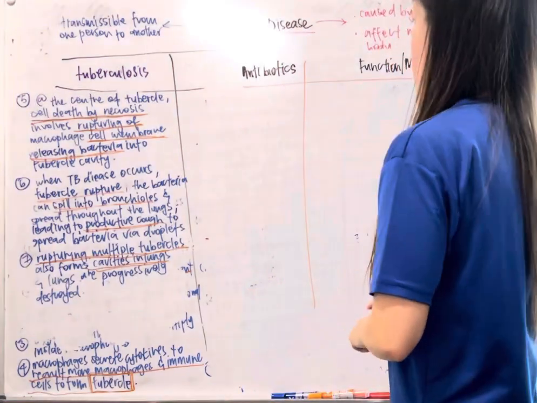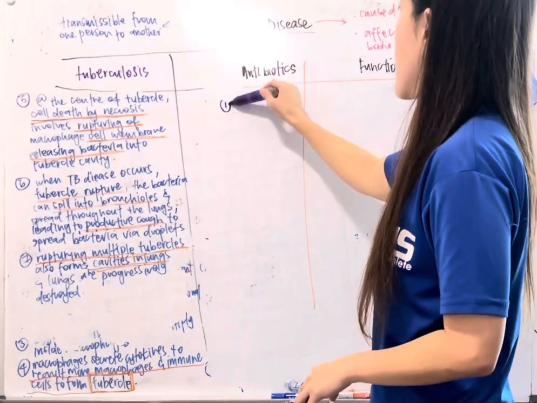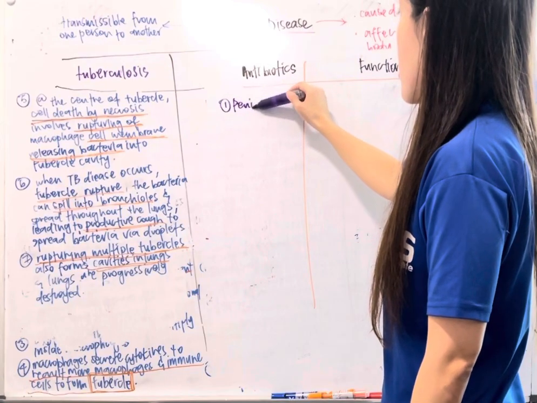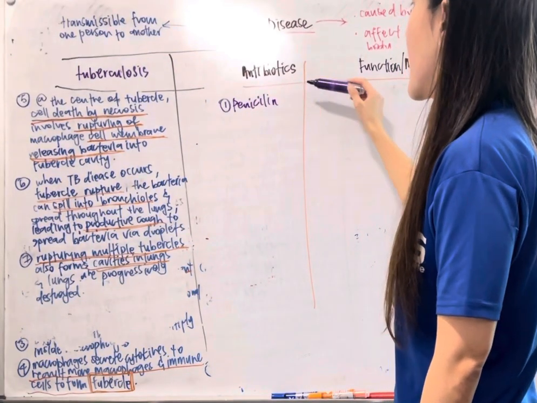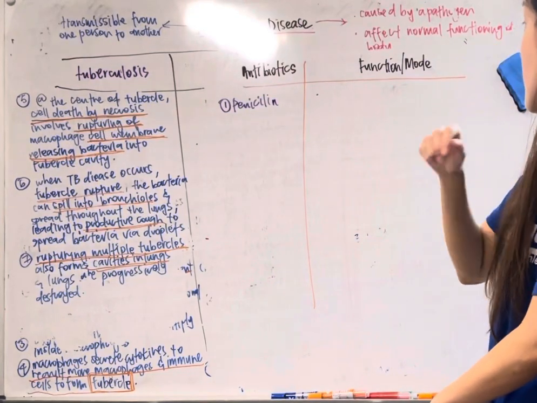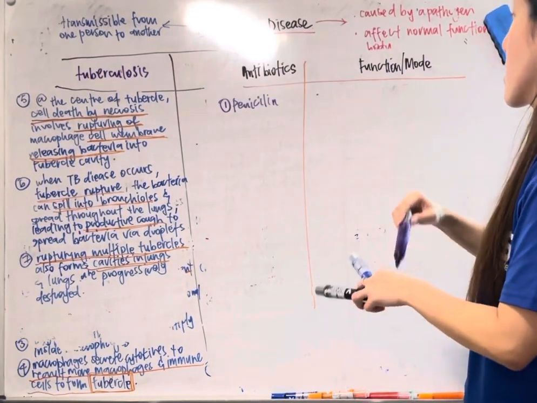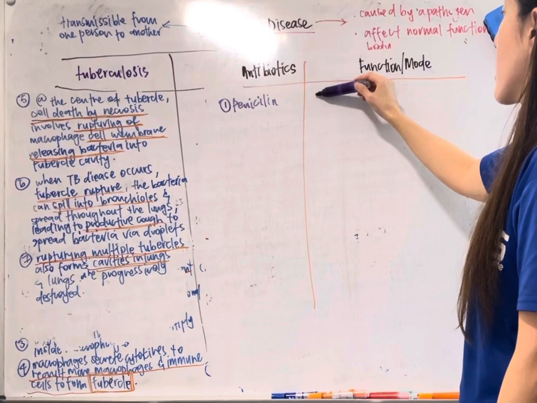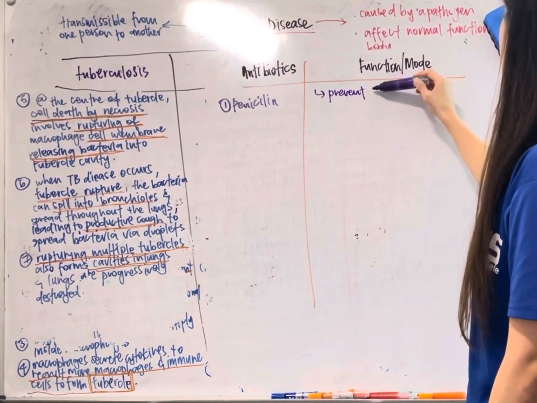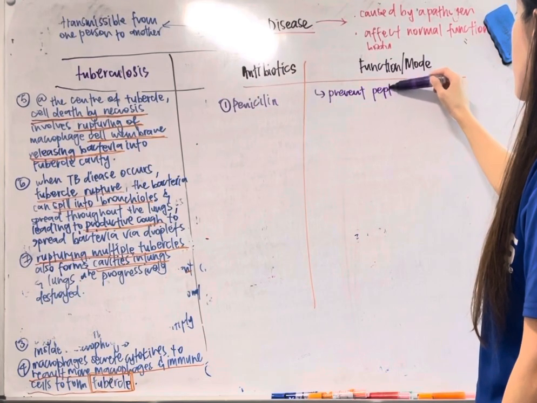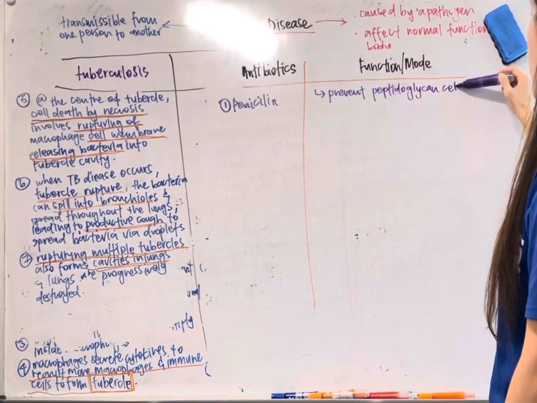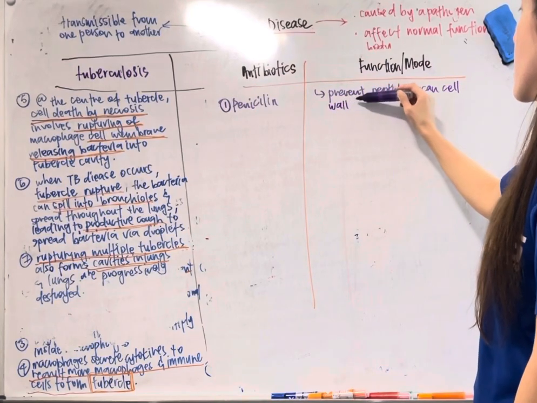So I want to go through all this right now. First one in the syllabus to know is penicillin. And there is always the first phrase that we learn penicillin does: penicillin actually prevents cell wall synthesis. So the first primary mode is that they prevent cell wall formation.